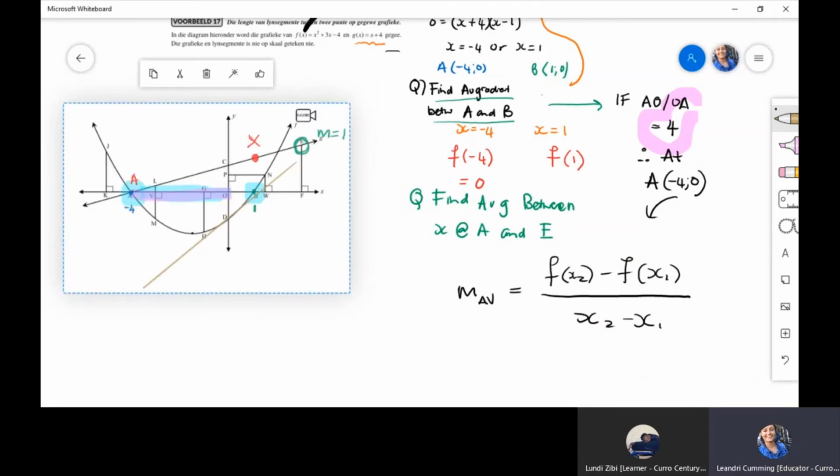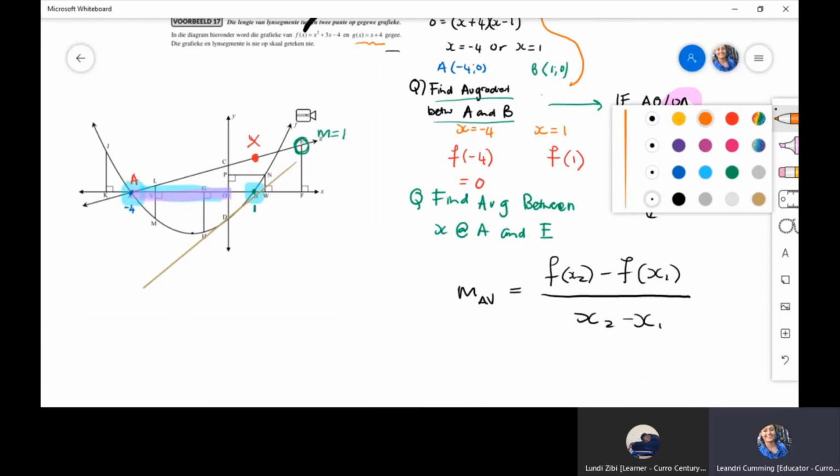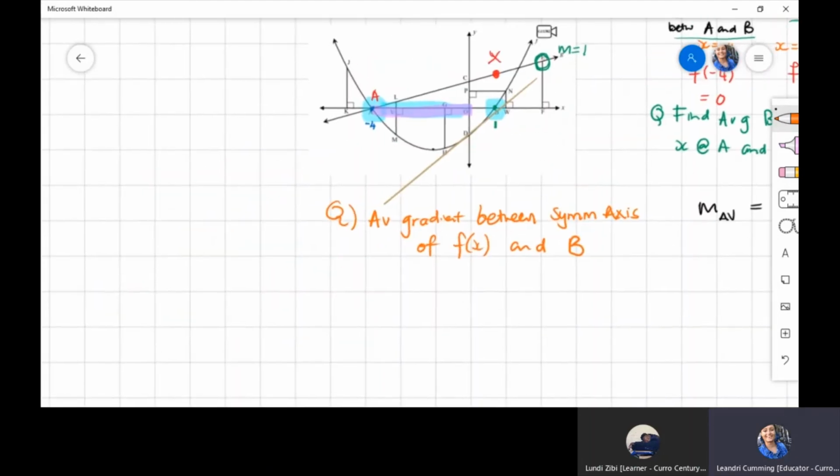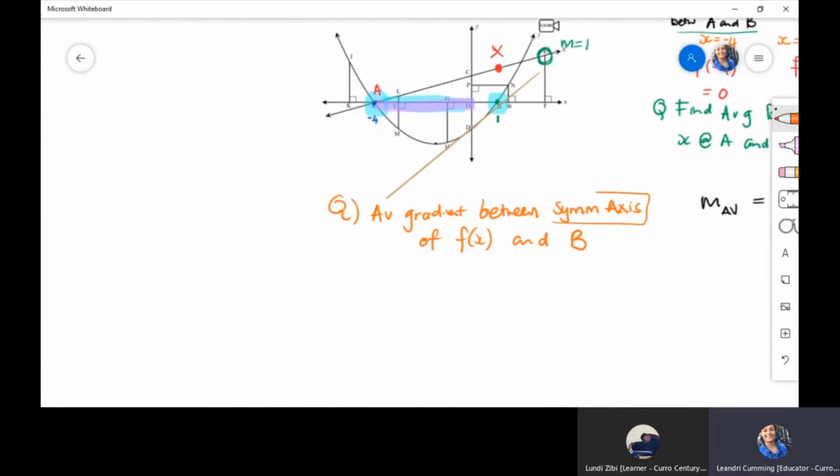Let me write that question down. Average gradient between the symmetry axes of f of x and b. Right. That means we need to do a little bit of work with regards to finding this value.